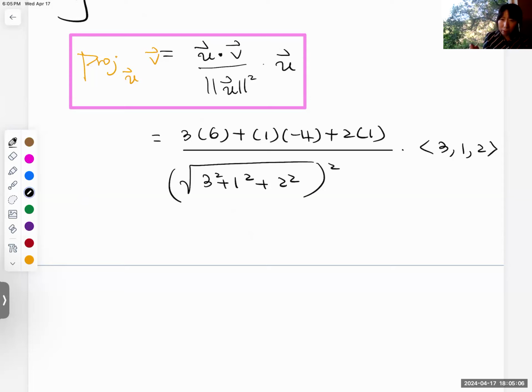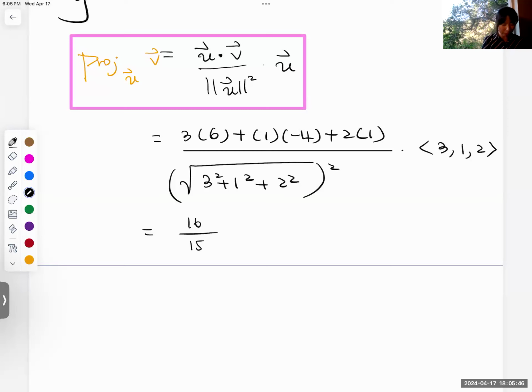What did you get? Is it 16 there? Is it 15? Is it 14? Yeah, 14, that's correct.